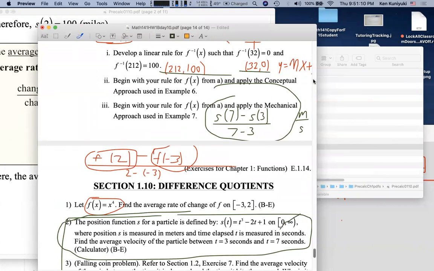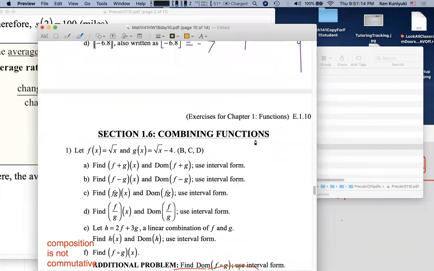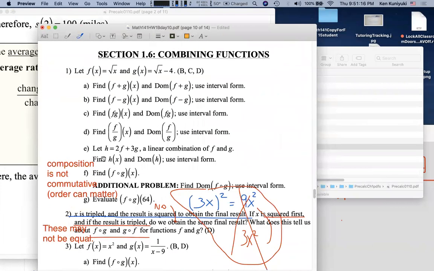161E. Linear combination. Okay, so the rule just goes: h of x equals, so this is from E, right?